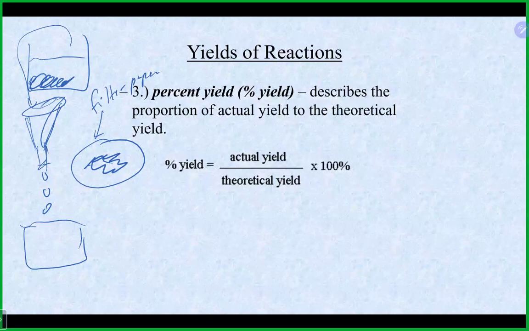And you're going to count all that water weight as your solid's weight. And you're going to end up with an actual yield that's larger than your theoretical yield. And that's usually not what you want to do. You want to make sure it's nice and dry so that when you reweigh it, the only thing you have is the actual amount of solid that you produced. So that's a very, very common way people end up with a 200% yield or something like that: it's still wet, it's not fully dried out, and you have a lot of that water weight along the way.